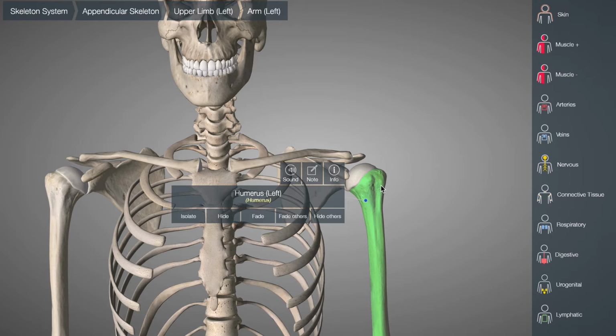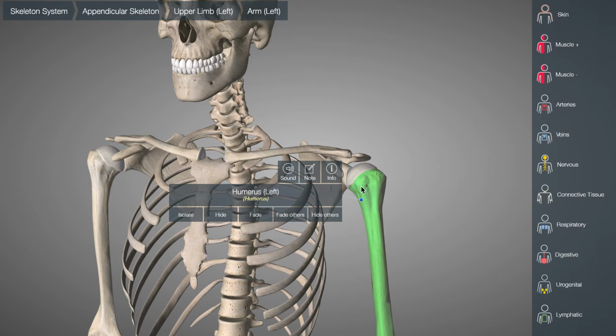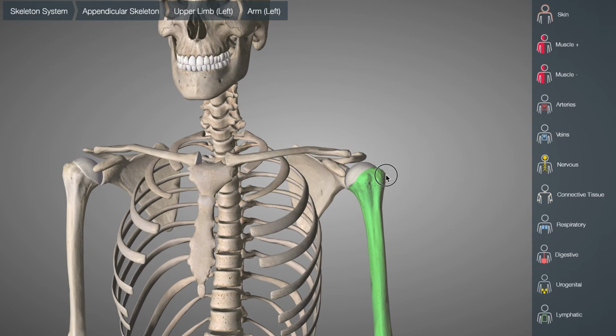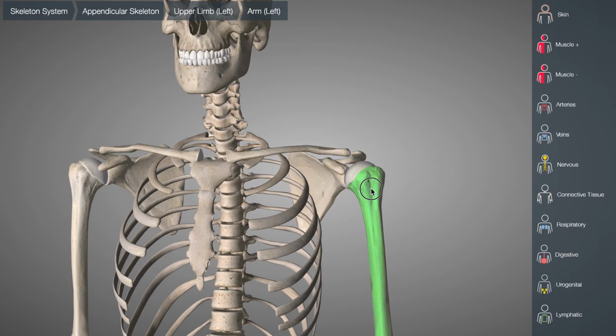Okay, and you can see this sort of a bumpy bit right over here. This is called the lesser tubercle. Okay, or I'm sorry, that's not the lesser tubercle. The smaller one's the lesser tubercle, which is this right over here. Sorry about that. This is the greater tubercle. So it's just basically going to be a rough, bumpy bit. So we have that.